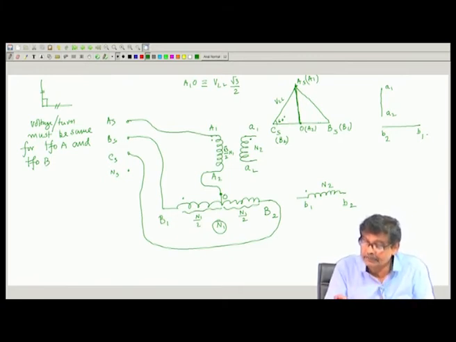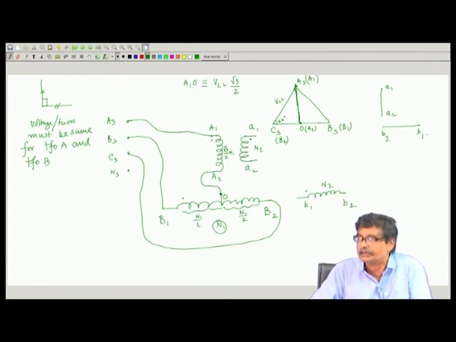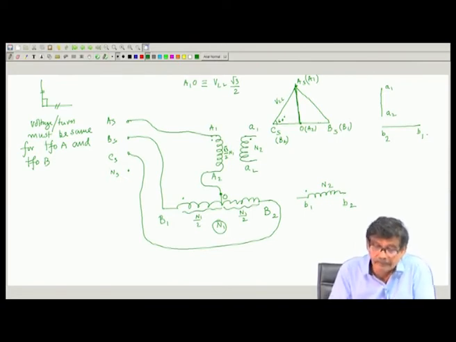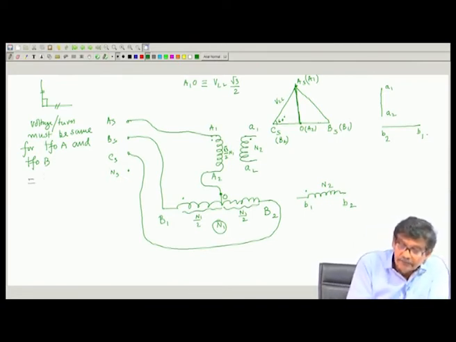Then only the secondary voltage magnitudes will be the same. I will simply multiply with N2 to get the secondary voltage. For this transformer, what was the voltage per turn? VLL by N1.